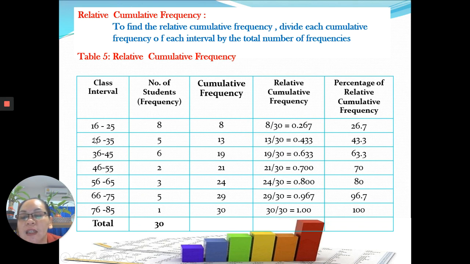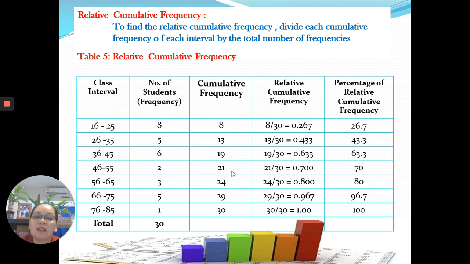Then the second class interval, you have 13 divided by 30 because your cumulative frequency is 13. And it gives you 43.3%, or the percentage of the relative cumulative frequency. And then you continue the process.